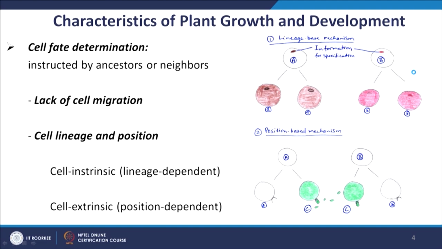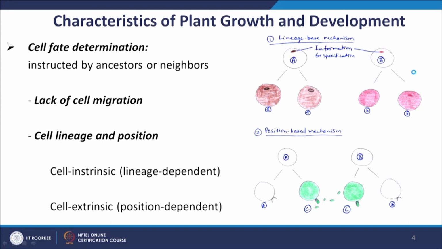In animals, it is widely known that cell lineage plays a very important role, which means that the ancestors of the cell giving rise to the daughter cells also pass on the information for its identity.